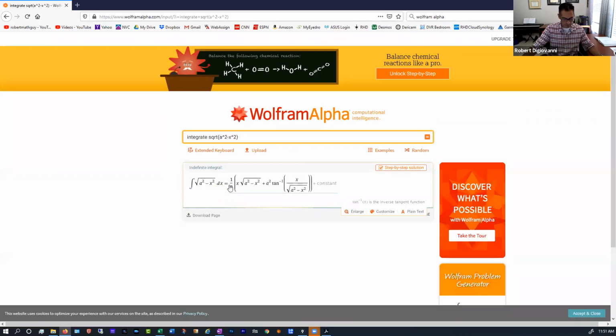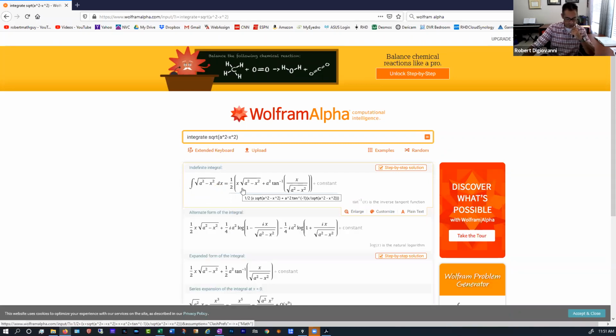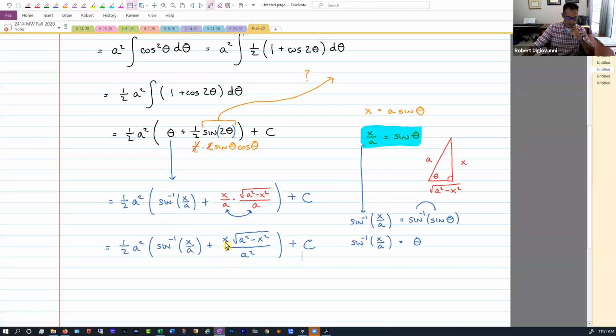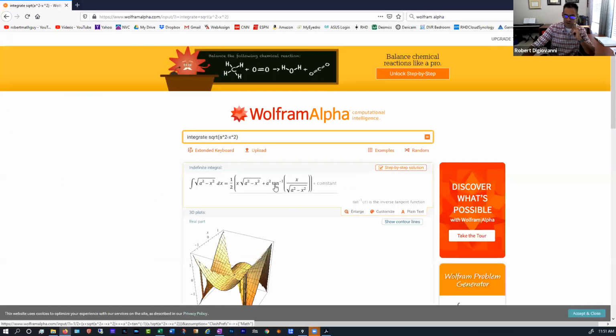So there it is. Well, it's similar. Do we have an x times the square root of? No, we don't, do we? Well, we have x times the square root of a squared minus x squared. Looks like they distributed this a squared through and killed off the a squared, so that's right. But then their part has an arc tangent. Do y'all see that?